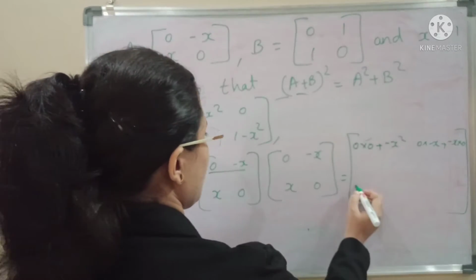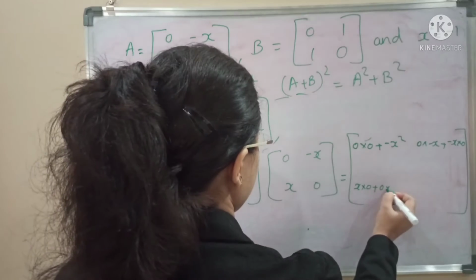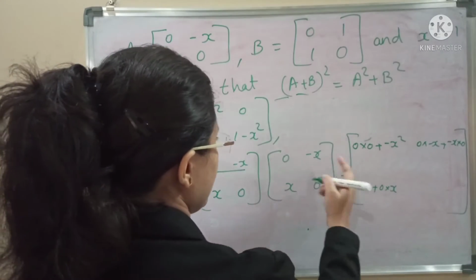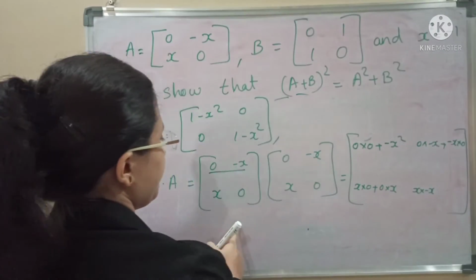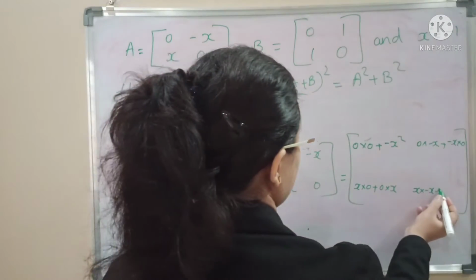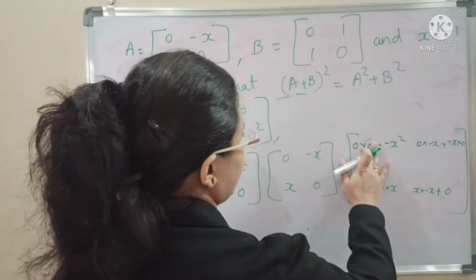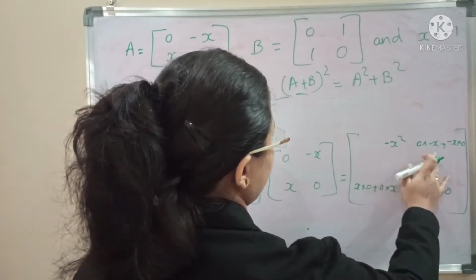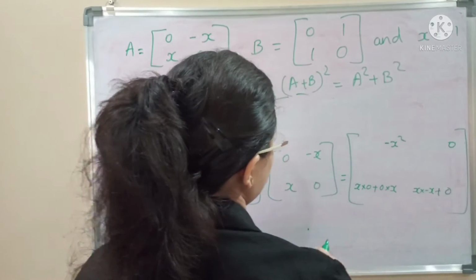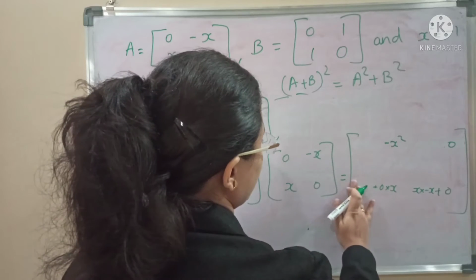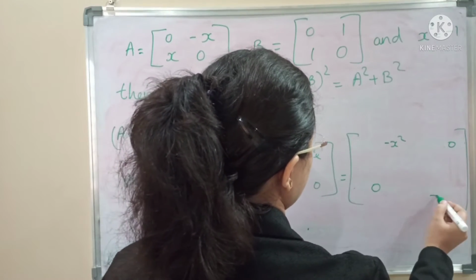Again x into 0 plus 0 into x. Now x into minus x is minus x square, then 0 into 0. Okay, so this will be minus x square, this term will be 0 because all are multiplied with 0, and this is also 0. This will be minus x square.